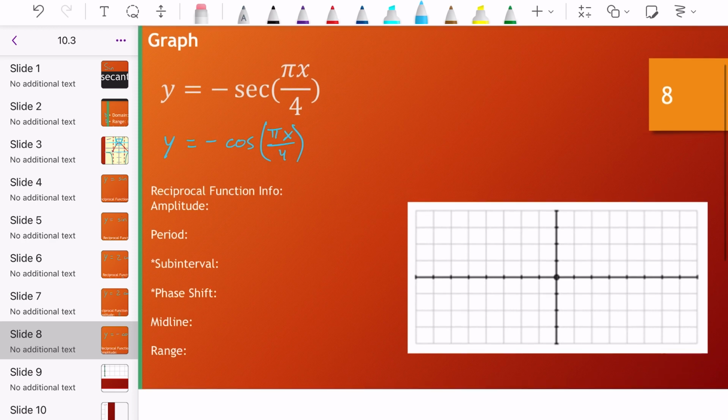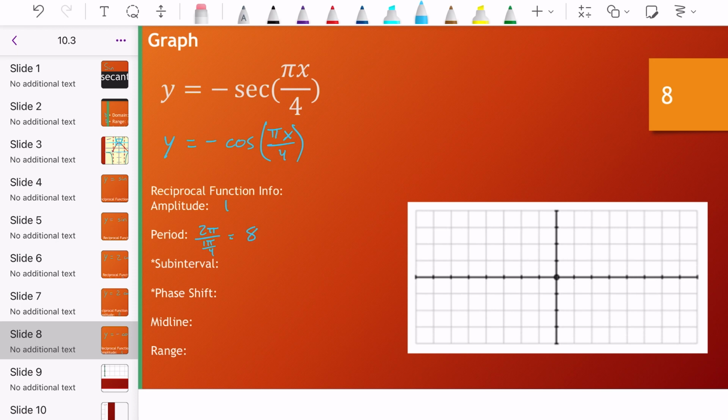Our amplitude in this case is going to be 1. Our period is going to be 2 pi over b, which in this case is 2 pi over pi over 4, which is the same thing as 8.